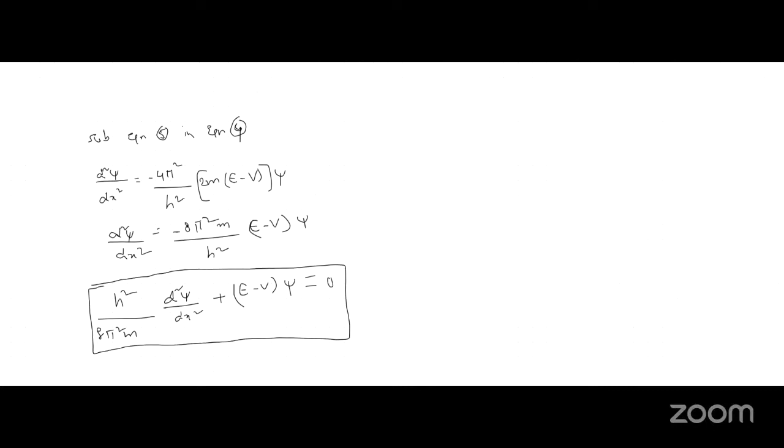This is the time independent wave equation that we got. As we know, h dash equal to h by 2 pi.